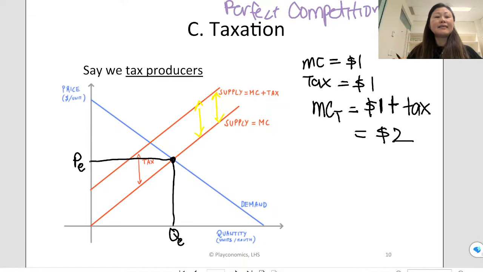What that means is that it inflates the cost of production. From a producer's perspective, producing this extra unit of good costs $2. So you are really not more inefficient, but the price has gone up.